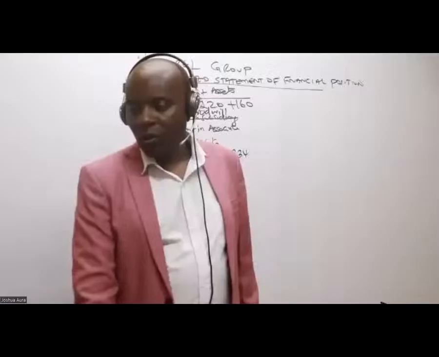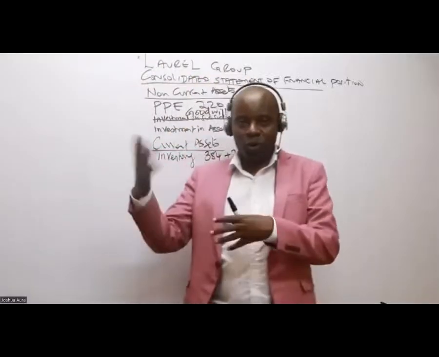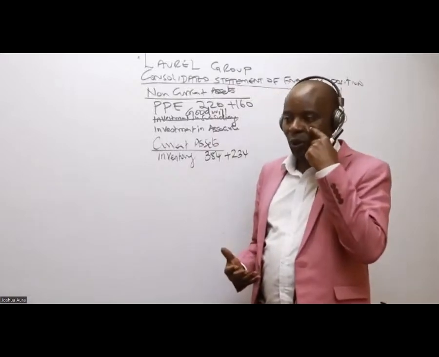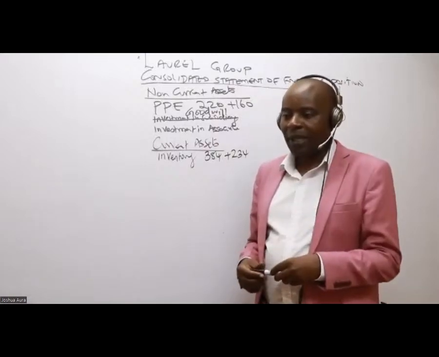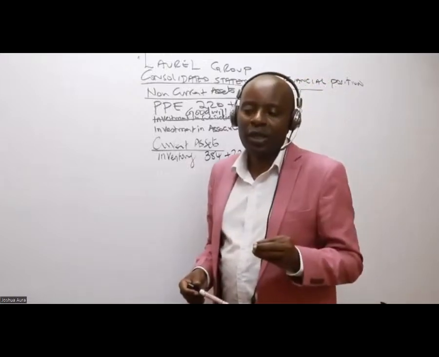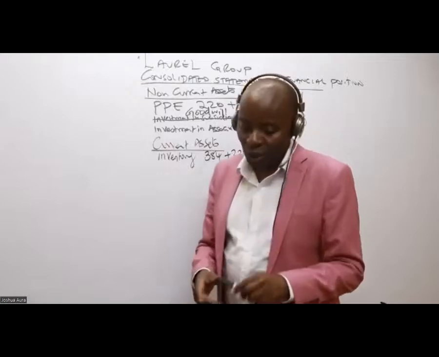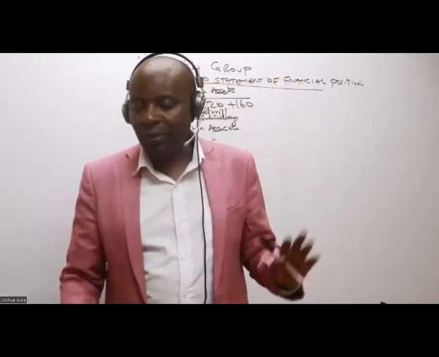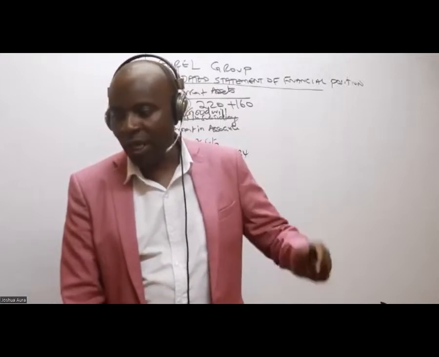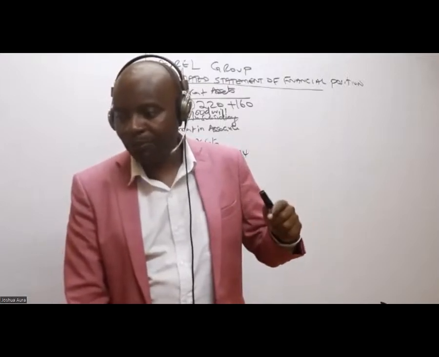Why am I not saying plus 122 for Comic? It's an associate and we are not allowed to consolidate associate figures. Thank you very much. So we leave it like that and we are not picking anybody's calculator. Great, you guys are really following. You are bright people.